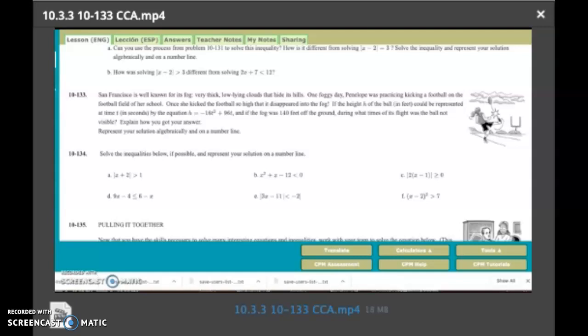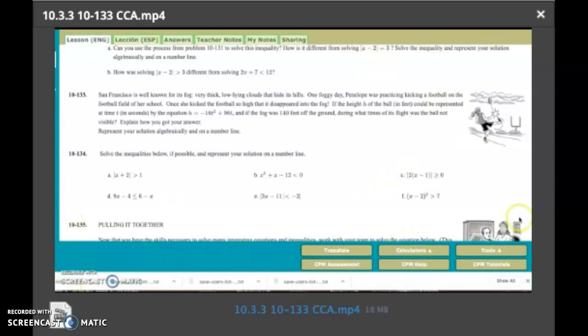So I'm going to take my equation, negative 16t squared plus 96t, and I'm going to make it an inequality. I know that I cannot see it when it is at 140 feet off the ground or above 140 feet.